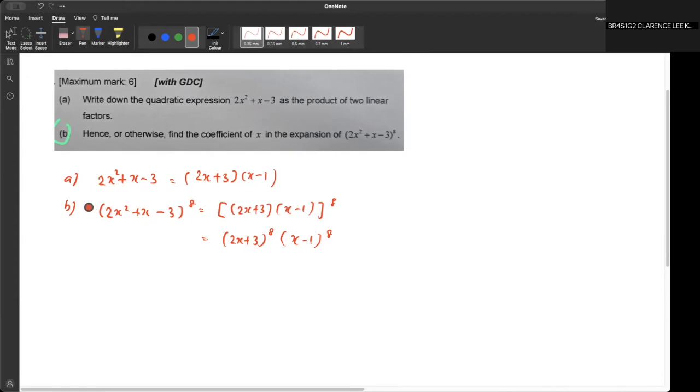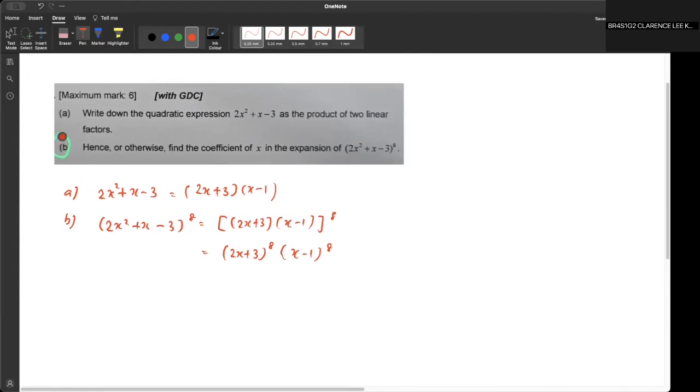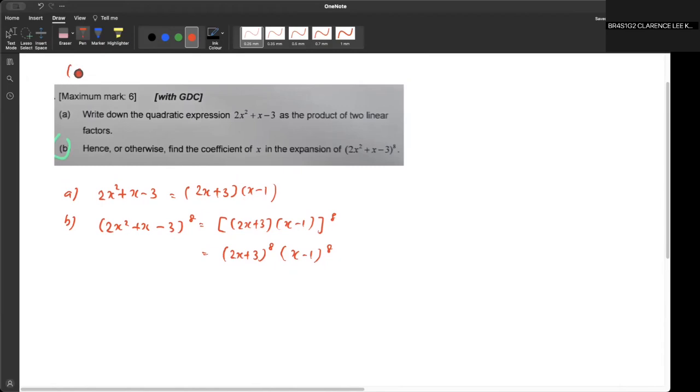If we look at the binomial expansion formula, it is (a plus b) to the power of n. A to the power of n is the first term. If you expand this, the first term will be (2x) to the power of 8. So it will give us a very big power, power 8, which is not required in the question.